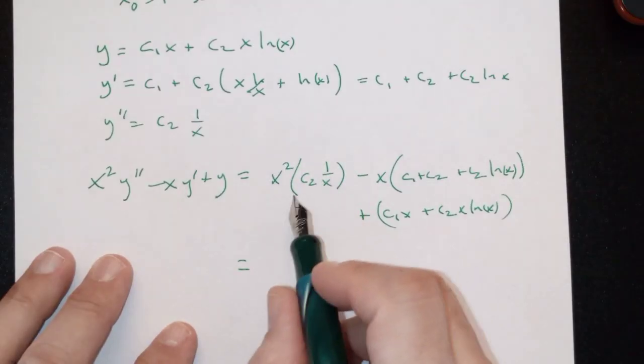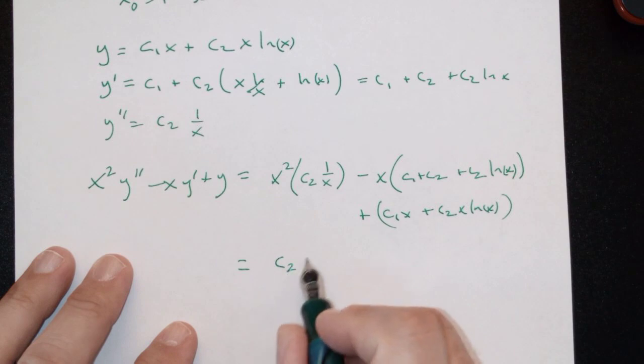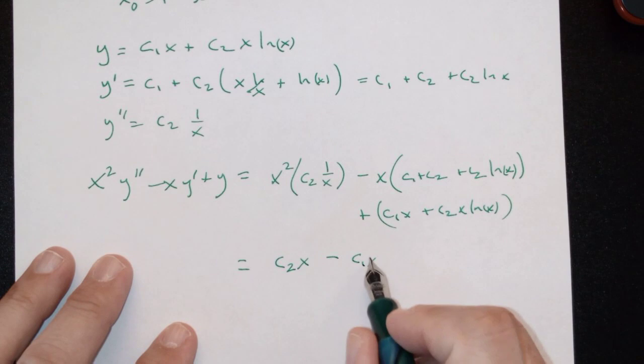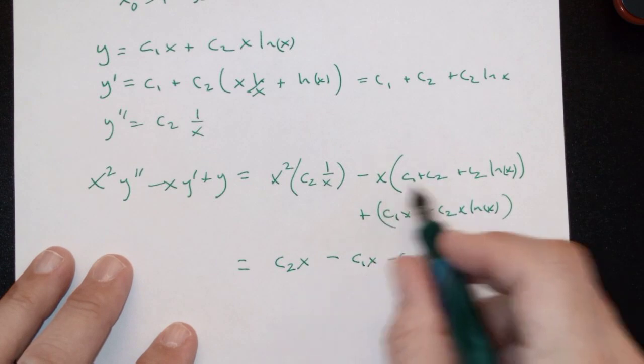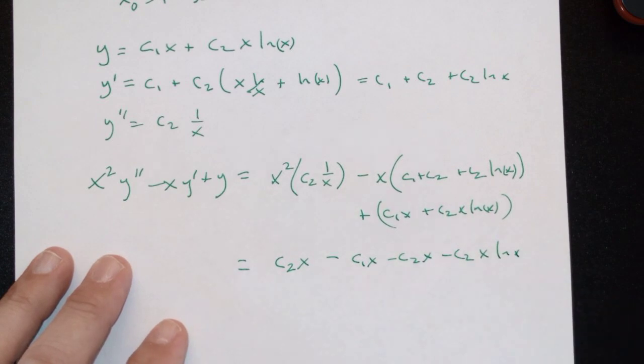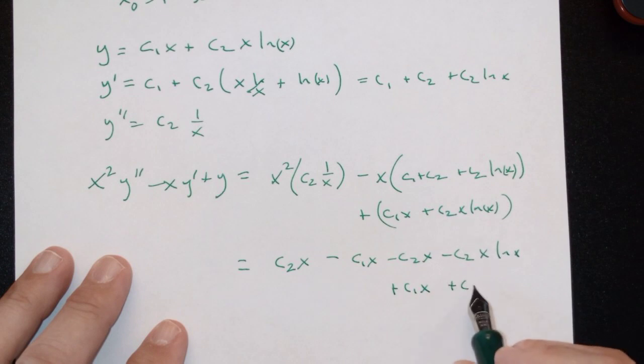Here I'm going to get x times C2. Here I'm going to get minus C1x minus C2x minus C2x ln x. And then down here on the bottom, I have a plus C1x and a plus C2x ln of x.